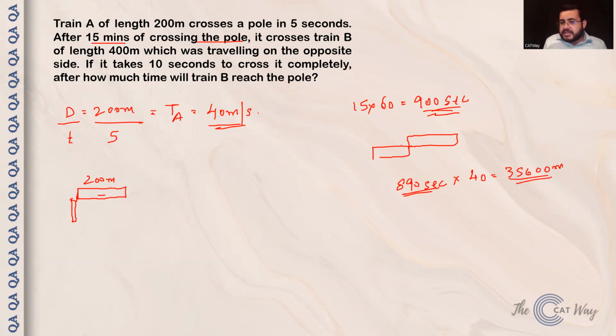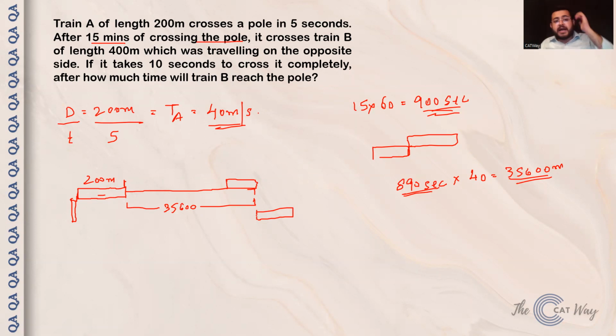So that means when they started crossing, the front end of the train had traveled 35,600 meters. That means from this point, we are calculating that 890 seconds. So let's say the train is up till here, and from here to here it would be 35,600 meters, right? That means the front end of the second train is aligned over here.